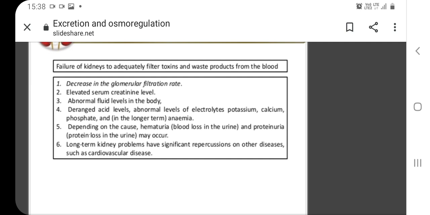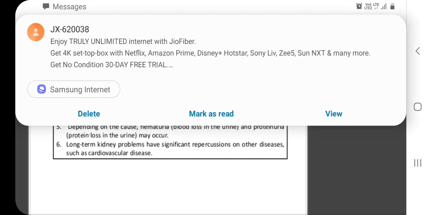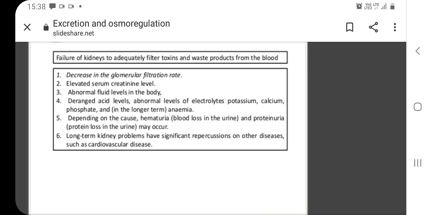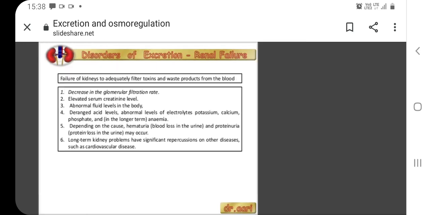Depending on the cause, hematuria, that is the loss of blood in urine, and proteinuria, that is loss of protein in urine, may occur. Long-term kidney problems have significant repercussions on other diseases such as cardiovascular disease.